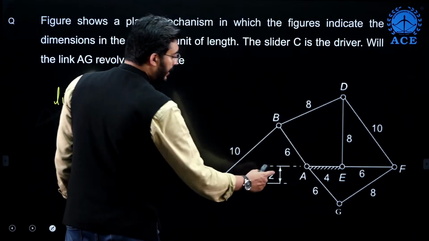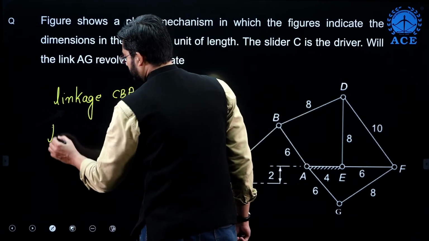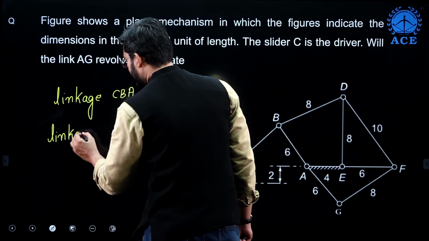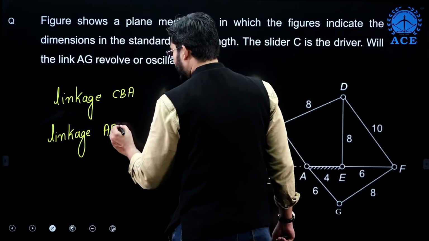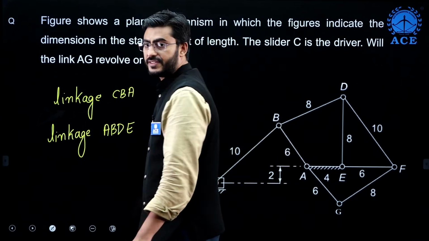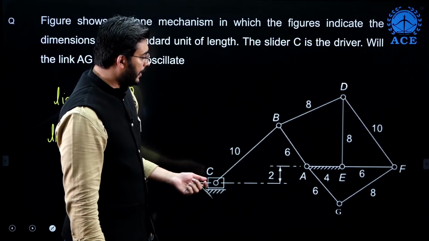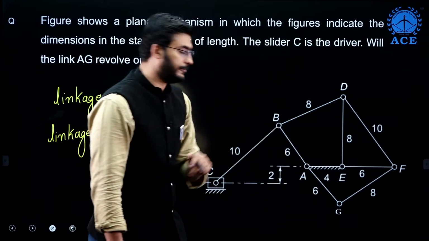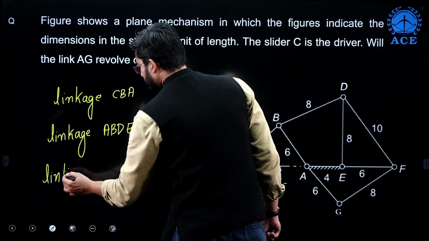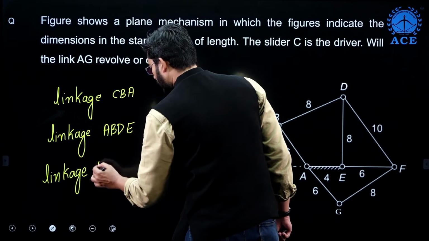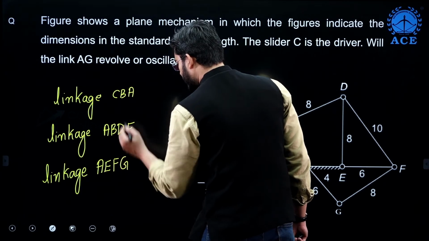The second linkage will be A, B, D and E. This is the second linkage. And in the same arrangement, the third linkage would be A, E, F and G.